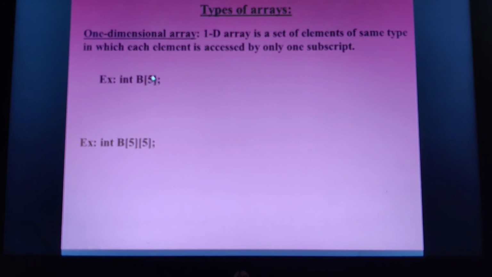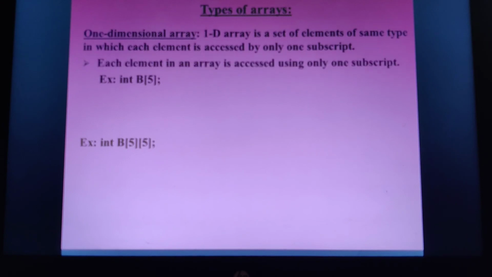How many subscripts have I used here? Only one. It is telling the compiler that the array name is B and it can have the capacity of 5 elements of data type integer. So we are able to access this array B using only one subscript. Such an array we refer to as a one-dimensional array.